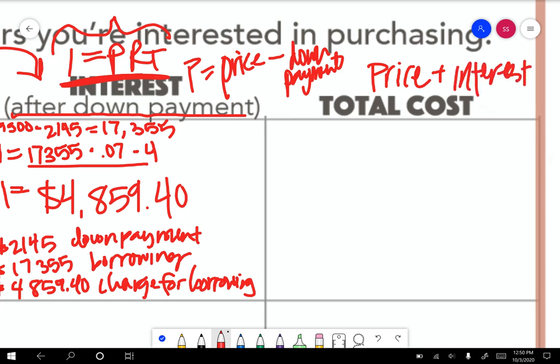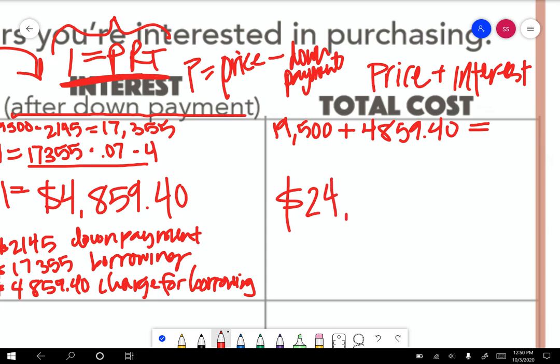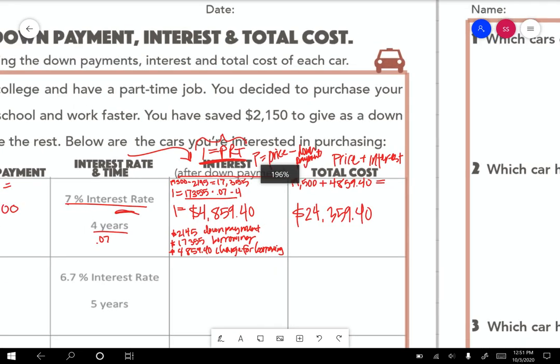So if the car is originally $19,500, we're going to add the amount we're being charged for borrowing money, $4,859.40, and the total cost of the car with the interest amount, so the charge for borrowing money, after 4 years would come to a total of $24,359.40.